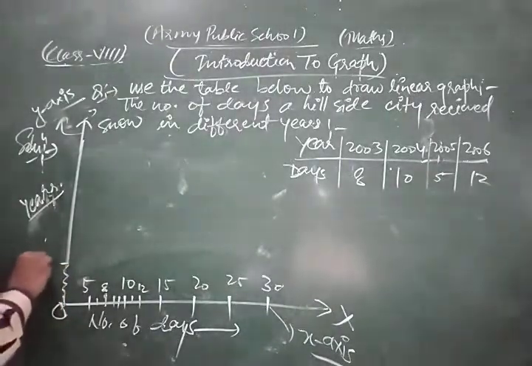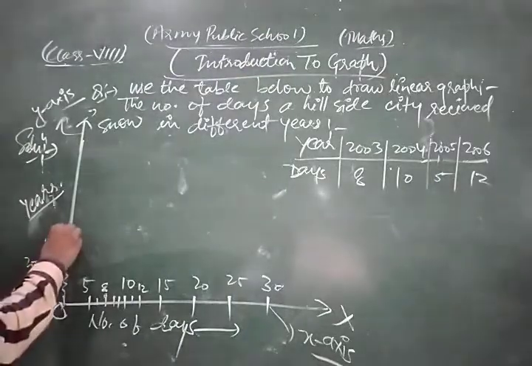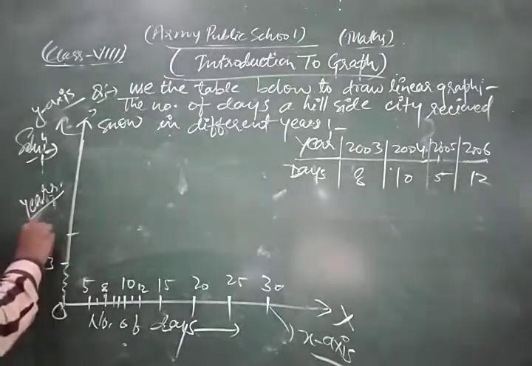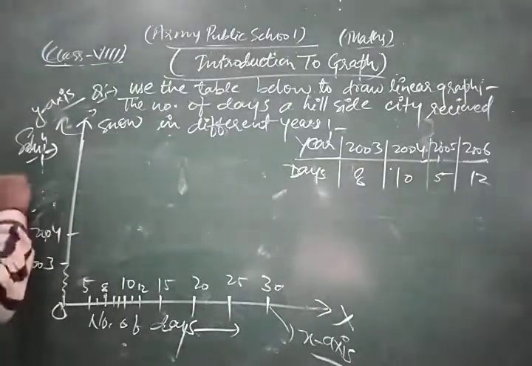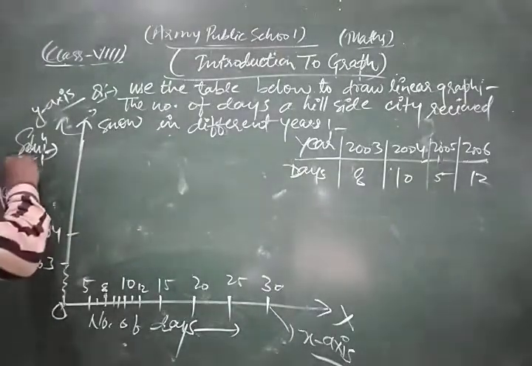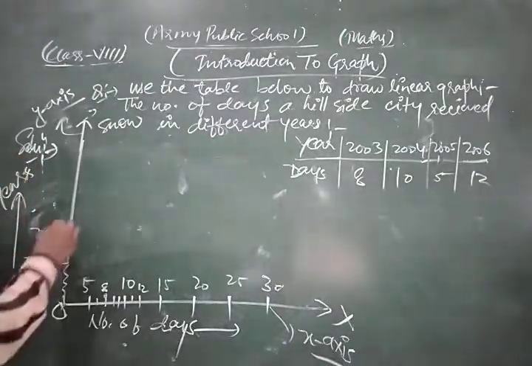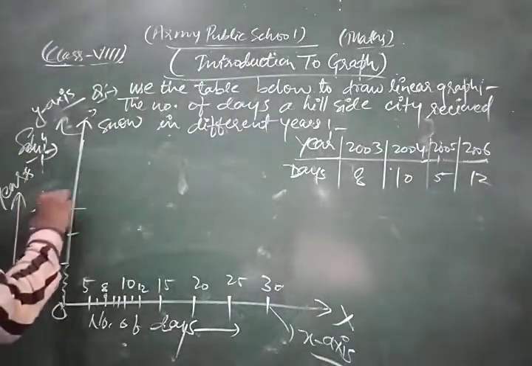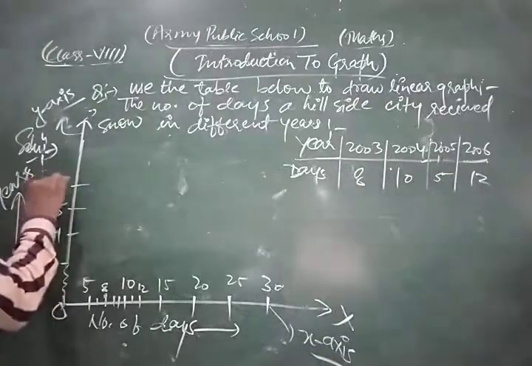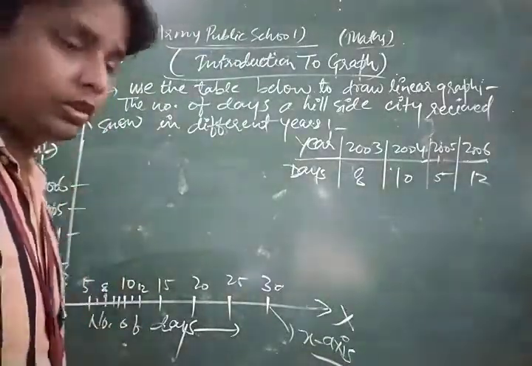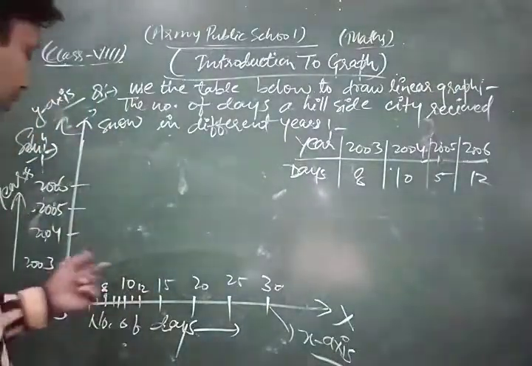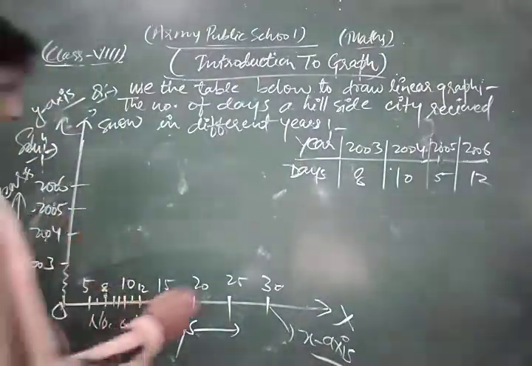This is 2003, 2004, 2005 and 2006. Now we just plot the points.